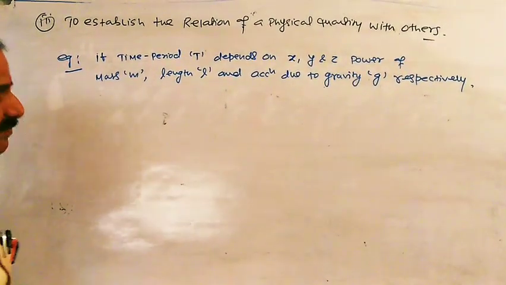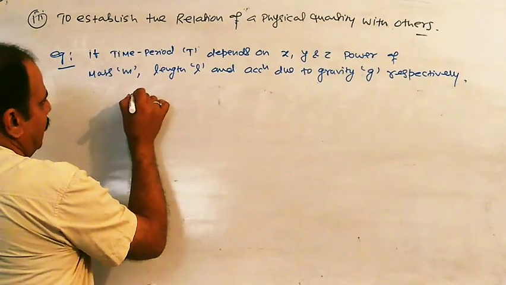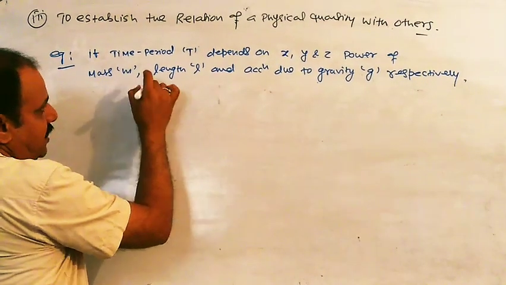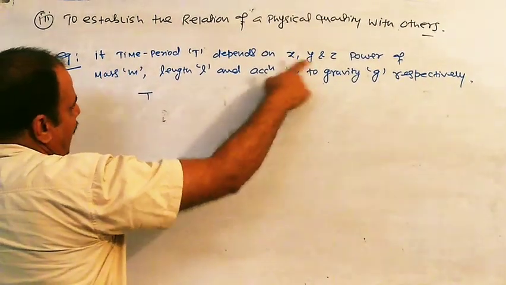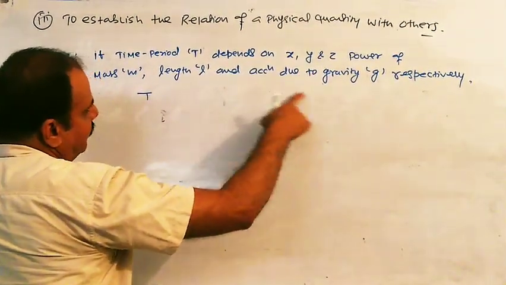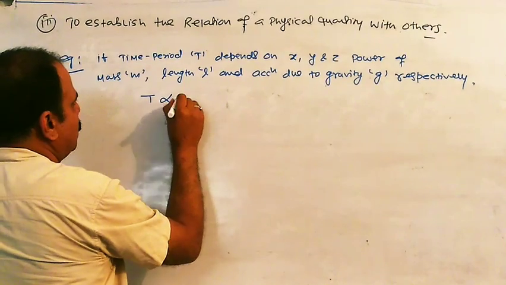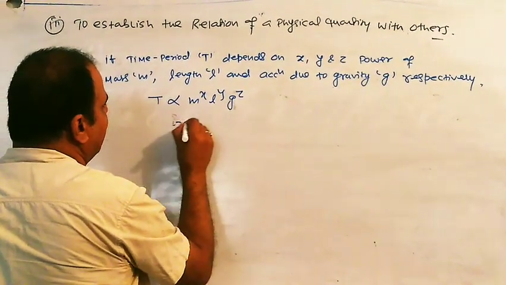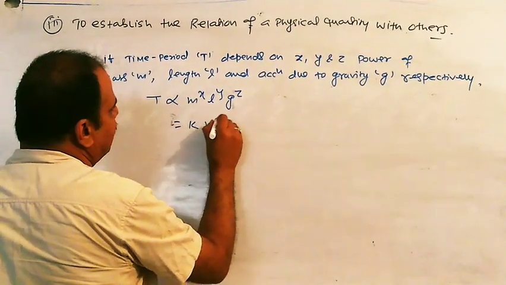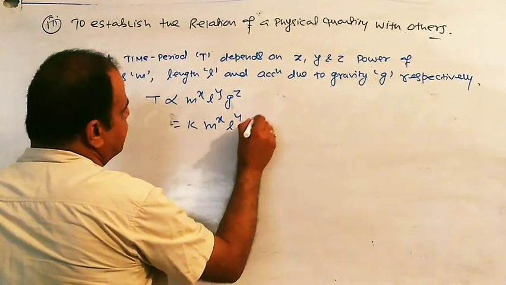So the first step, t depends on x power of m, y power of l, z power of g. So t proportional to m^x l^y g^z, and this is sometimes k m^x l^y g^z.